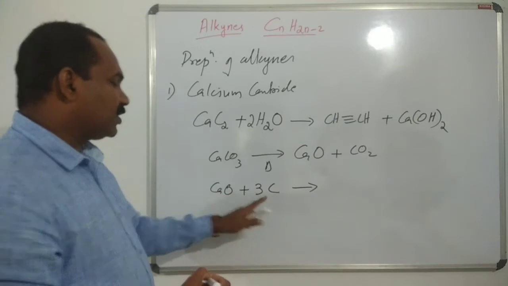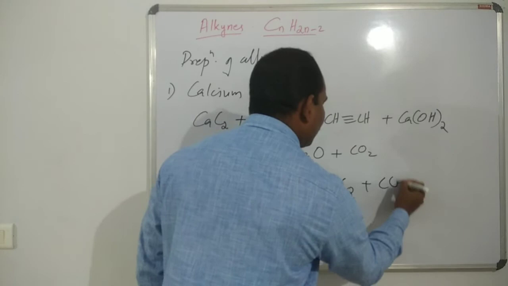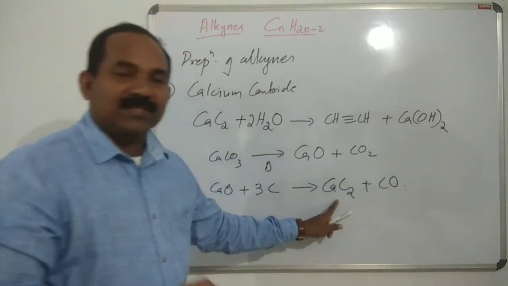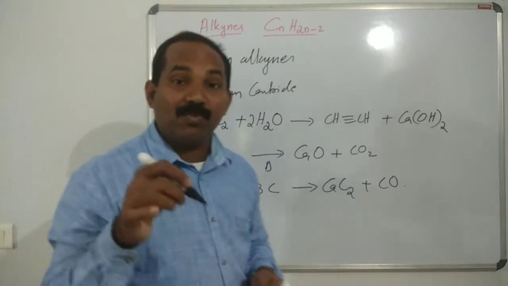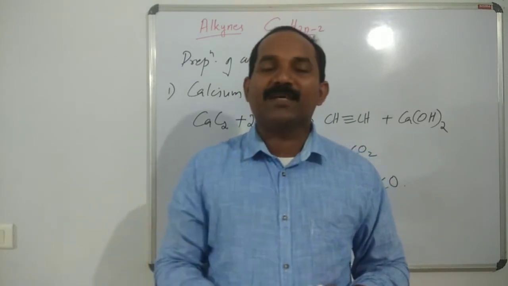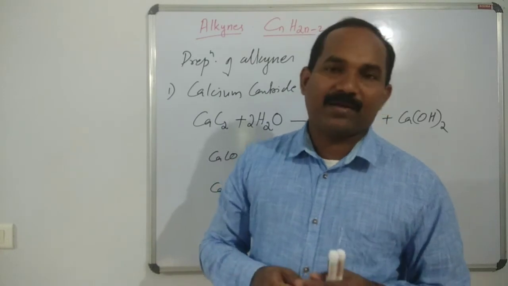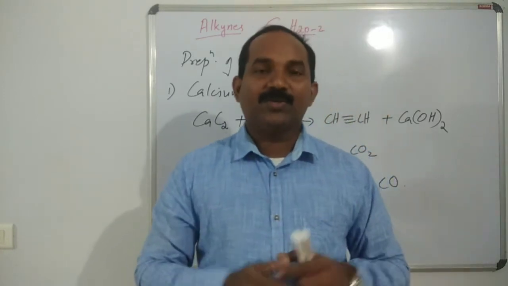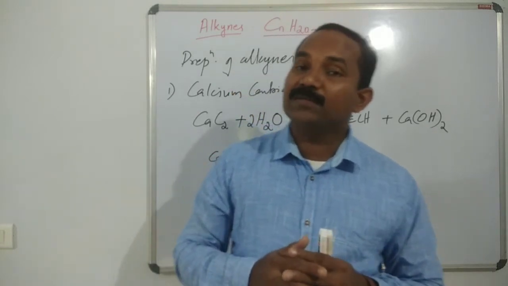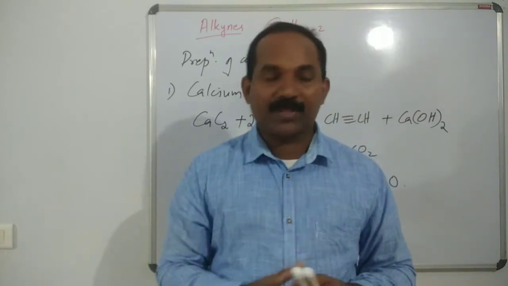So we get calcium carbide plus carbon monoxide. It is separated, then this calcium carbide is moistened. Water is added, so calcium carbide decomposes, giving ethyne and calcium hydroxide. A very simple preparation. That's the first method.